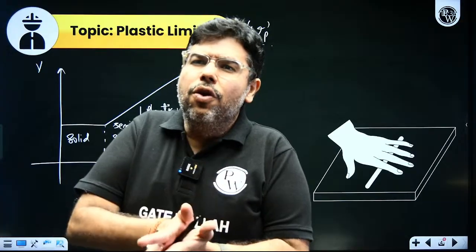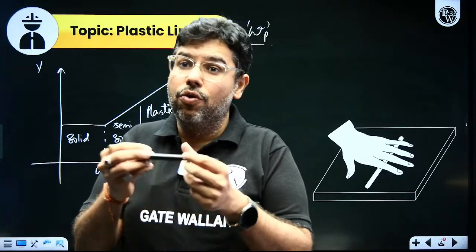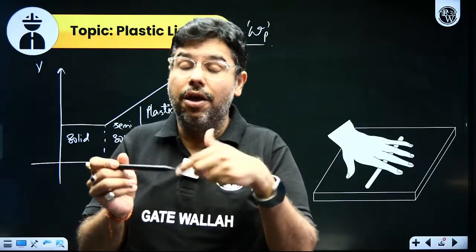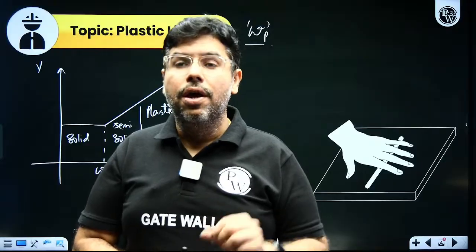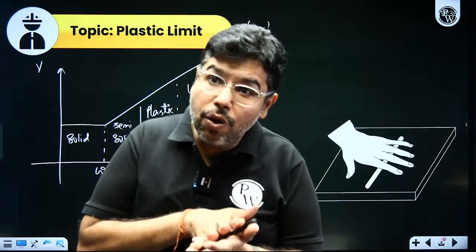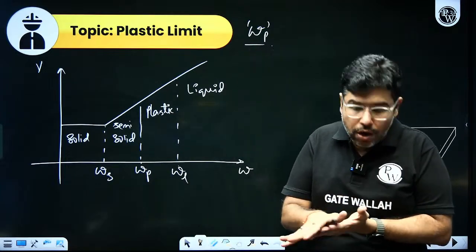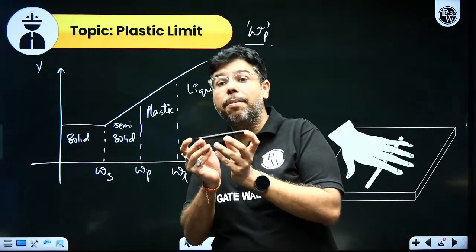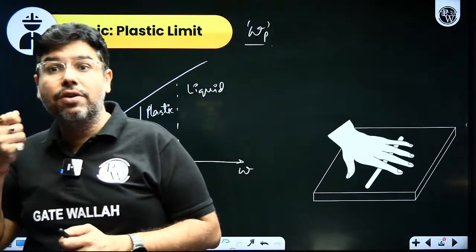Then again you will roll the soil into a thread of dia 3 mm. If you are able to, again the plastic limit is not reached, and you dry the soil again. Like this you will reach a water content at which, when you roll the soil into a thread of dia 3 mm, it starts to crumble, meaning you will see cracks on the thread.